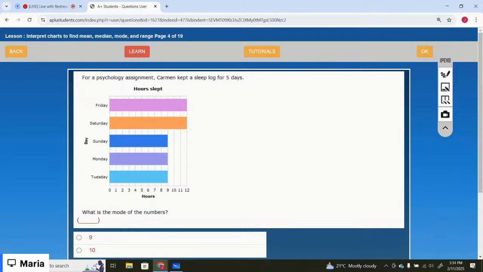For a psychology assignment, Carmen kept a sleep log for 5 days. What is the mode of the given numbers? The mode is the number that appears the most often in the given data.